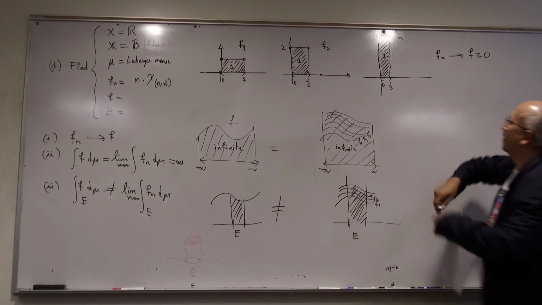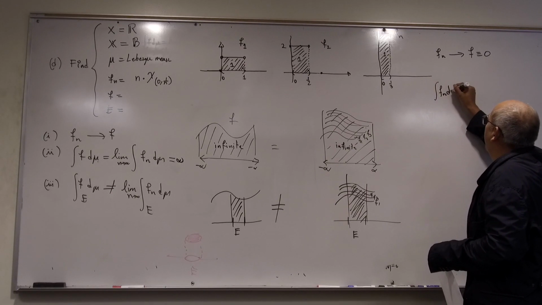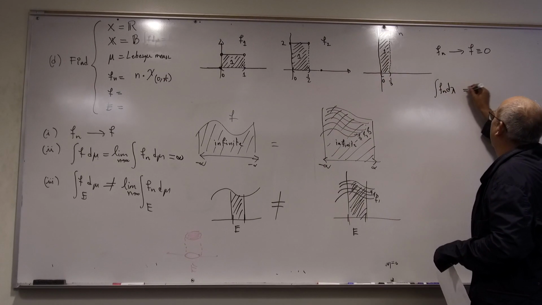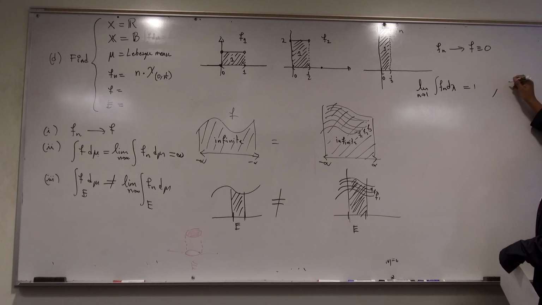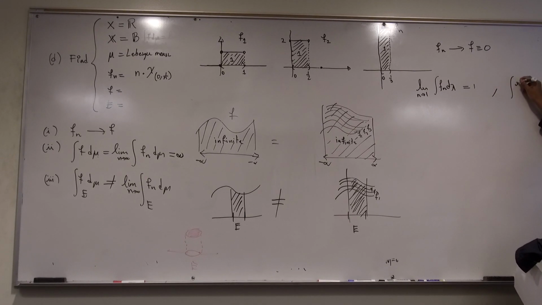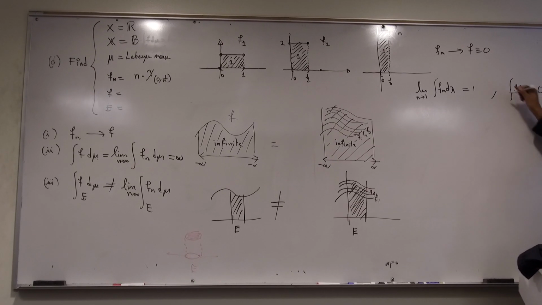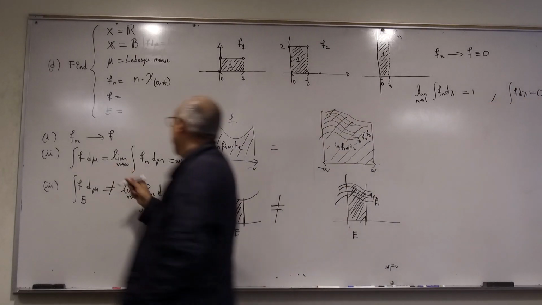And these areas are all equal to 1, right? So the limit is equal to 1, and the integral of f d lambda is equal to 0, right? Oh, shoot. You see what I mean?